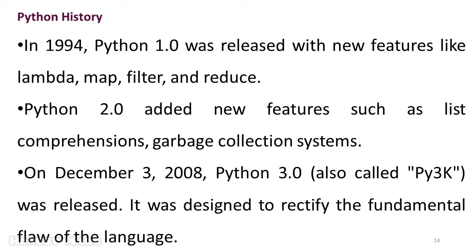In 1994, Python 1.0 was released with new features like lambda, map, filter, reduce. Python 2.0 added new features such as list comprehensions and a garbage collection system. On December 3, 2008, Python 3.0, called Py3k, was released. It was designed to rectify the fundamental flaws of the language.